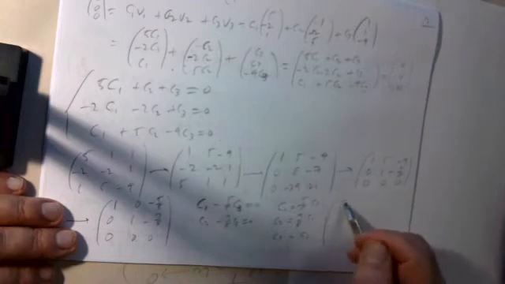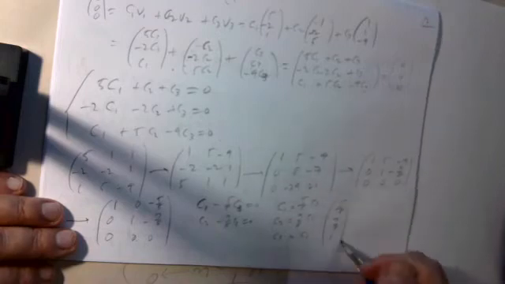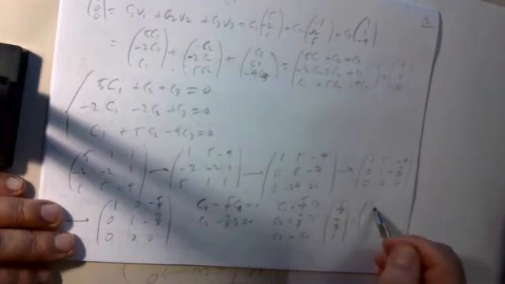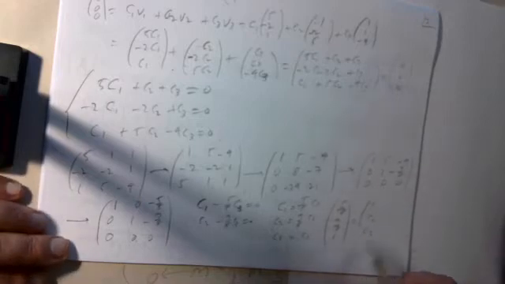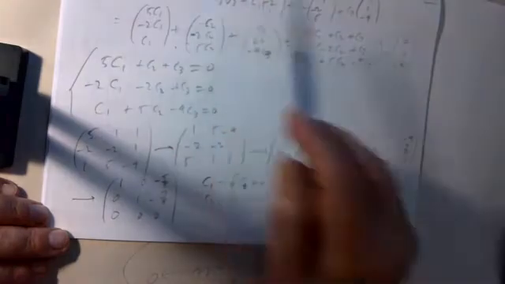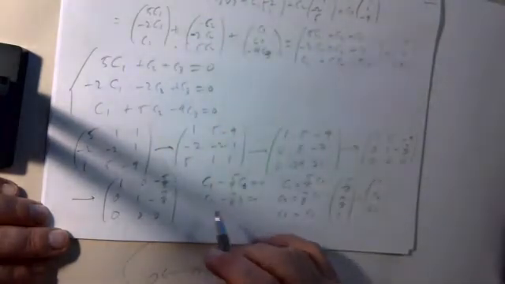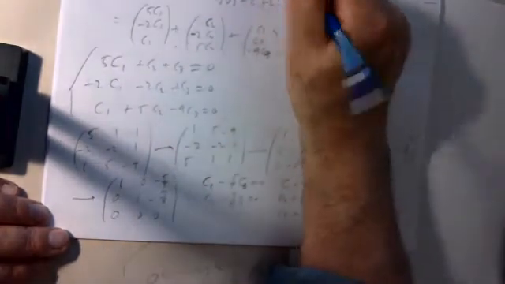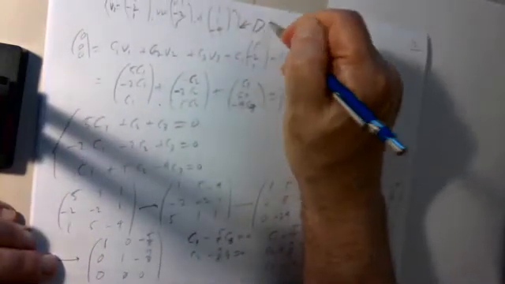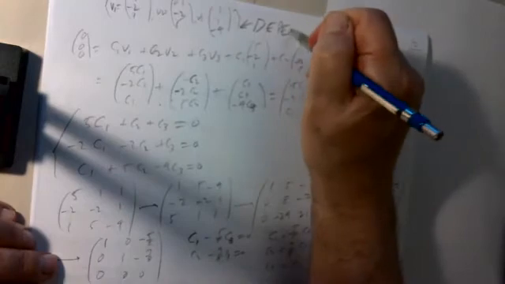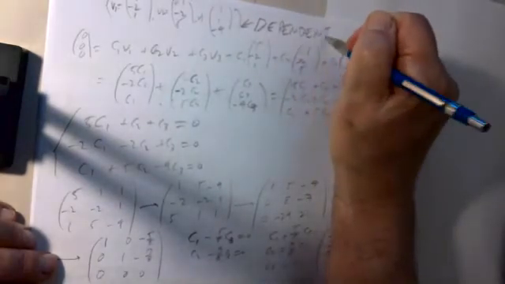So for example, the vector 5/8, 7/8, 1 is a solution. This is not 0. So you have non-zero scalars that satisfy this vector equation. So the answer is this set is dependent. It is not independent.